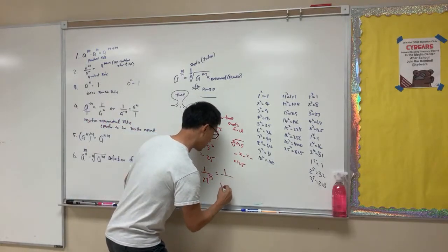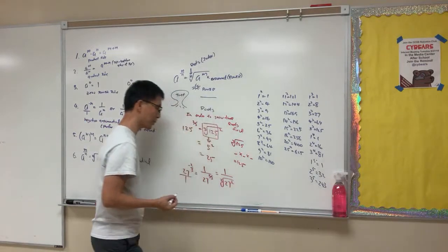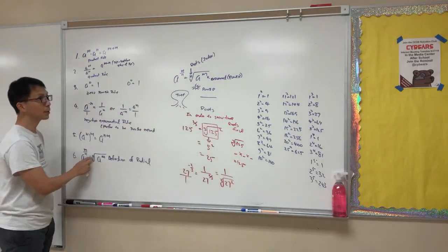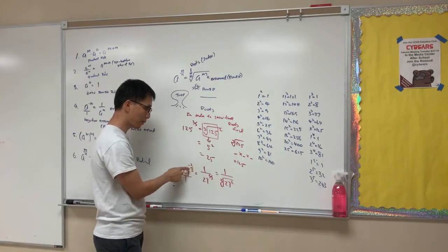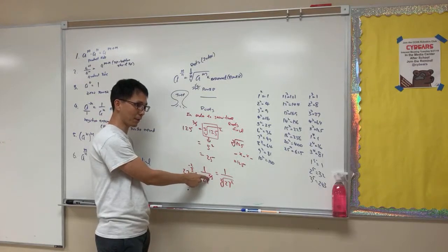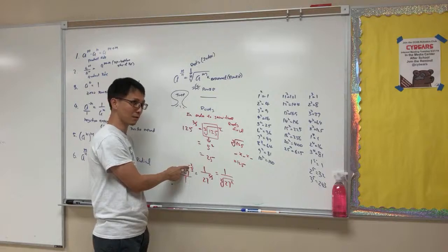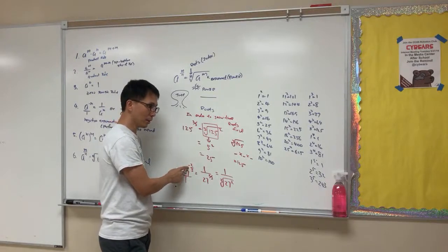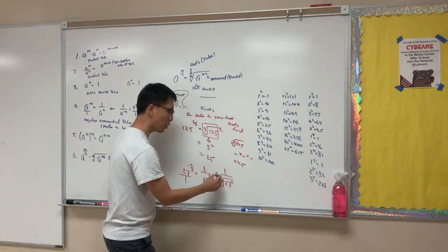So first step is I'm going to change this negative to positive and change the denominator. That's something I can work with, because I don't like negative exponents. Nobody does.